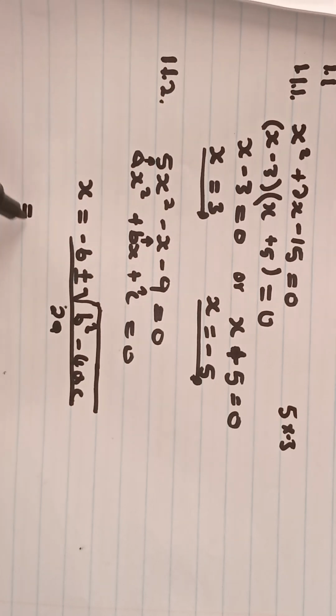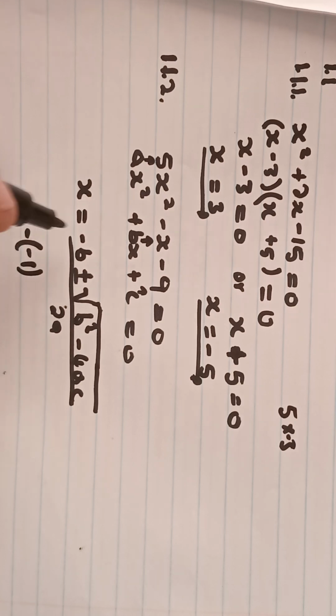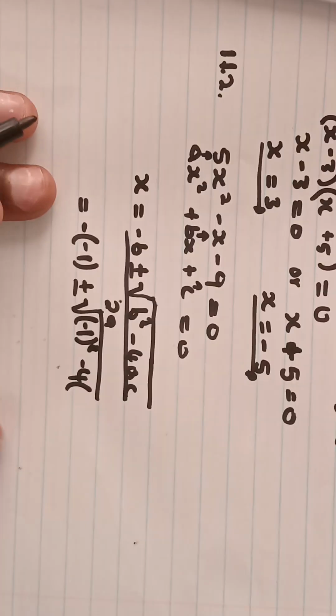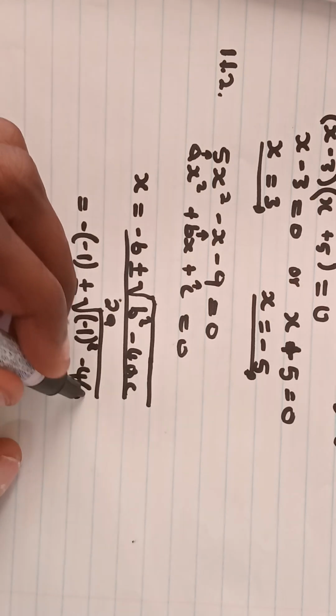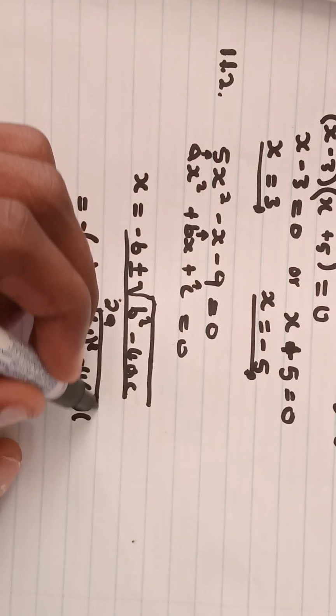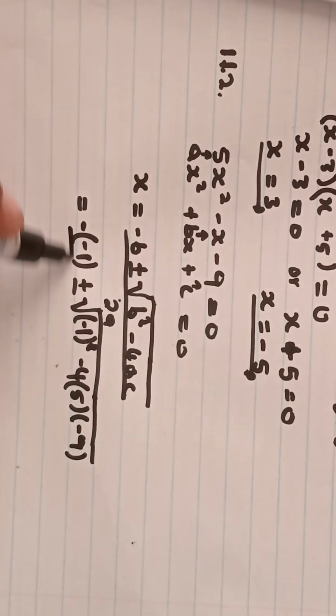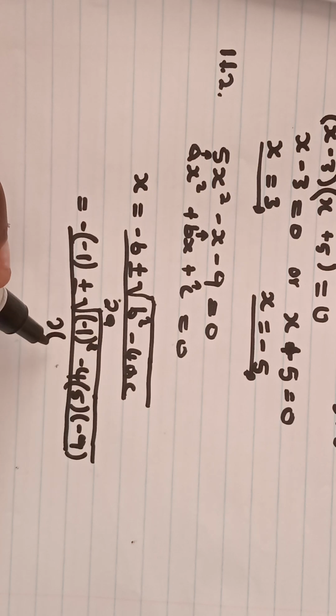So x is equal to negative of b, which is negative 1, plus or minus the root of negative 1 squared minus 4 times a, which is positive 5, times c, which is negative 9, all over 2 times positive 5.